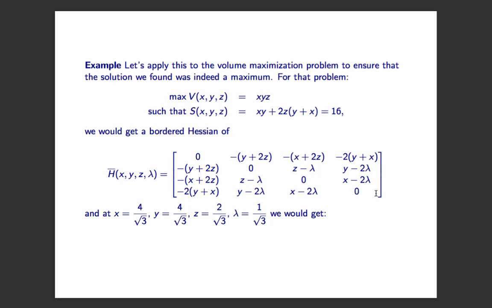Now you may notice that if I take the gradient of V and the gradient of S and set them equal to a scaling of each other and add to the set of nonlinear equations the constraint S equals 16, and then took that difference, I want the difference to be 0.